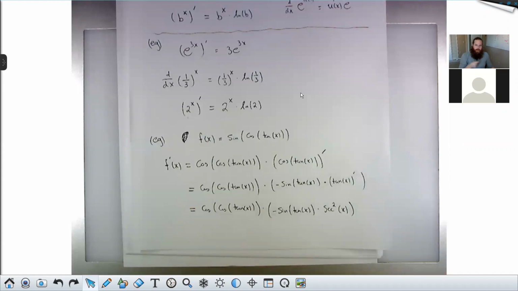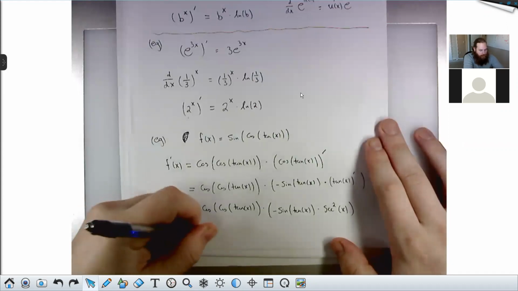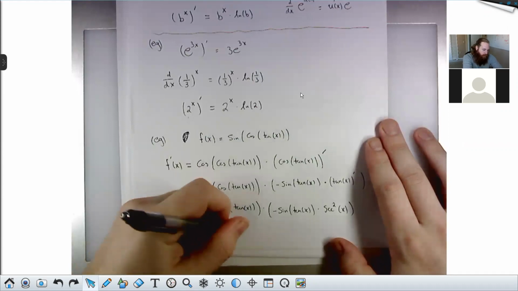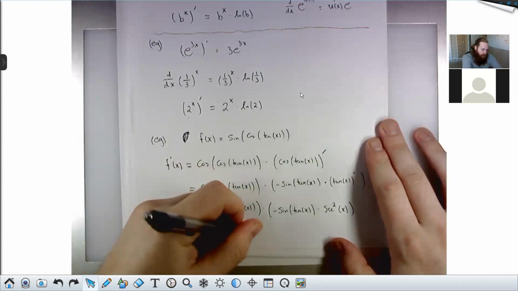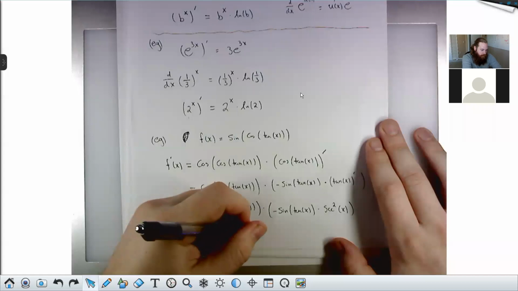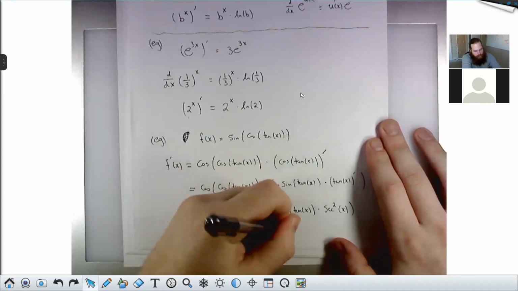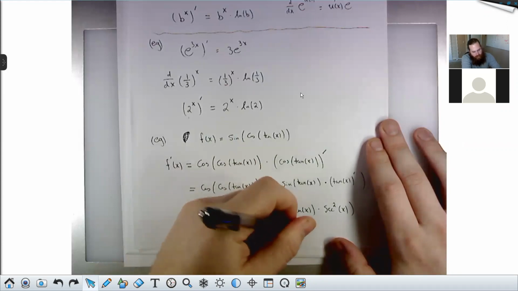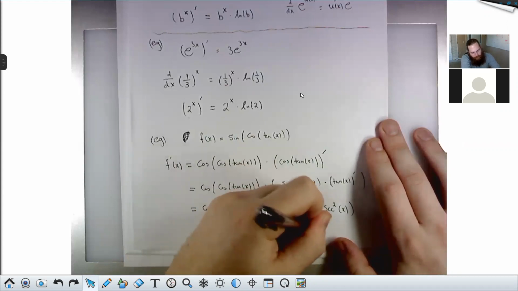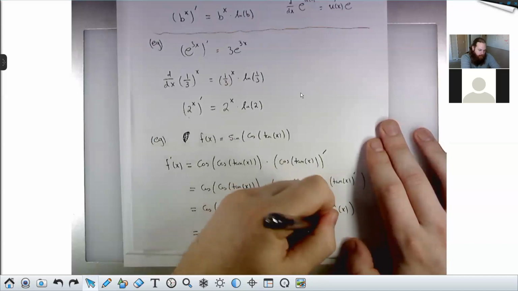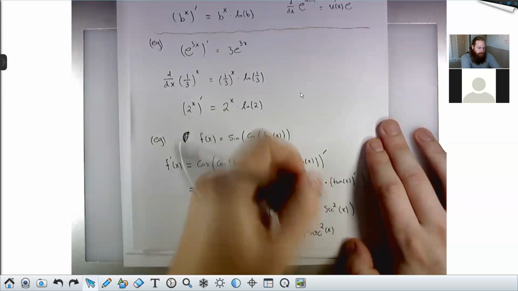Now we can pop that negative all the way out front, but nothing else is going to clean up. So this is going to be negative cos of tan x times sine of tan x times, oh, my pen died, secant squared of x.